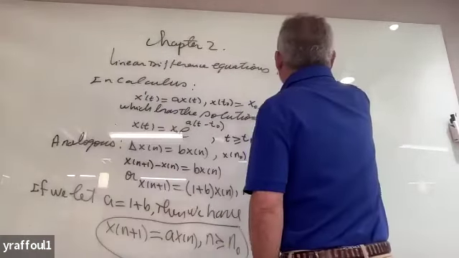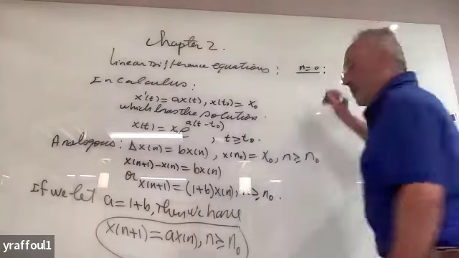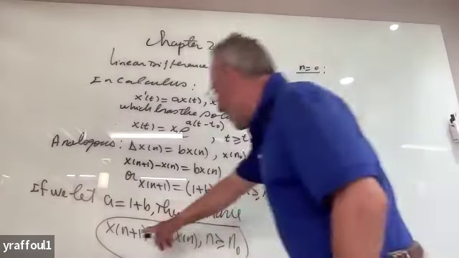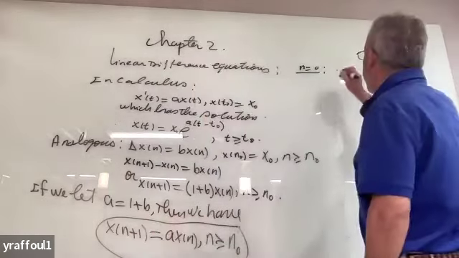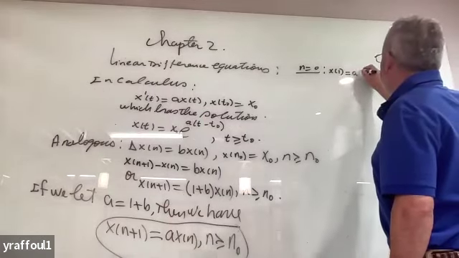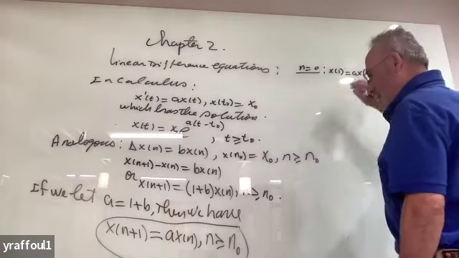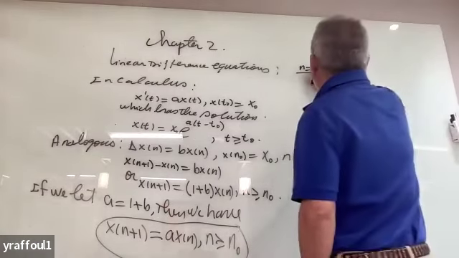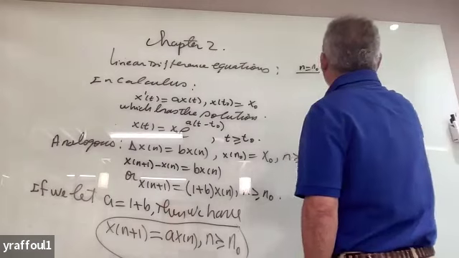So for n equals 0, if n equals 0, then I have x1 equal to a x, no, sorry, n equal n0.